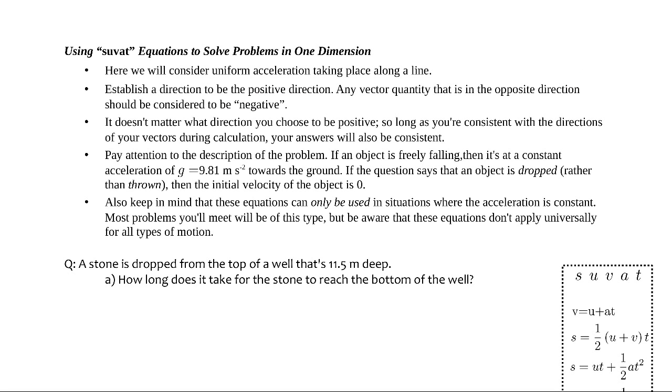It doesn't really matter what direction you choose to be the positive direction. There are conventions where you always use upwards to be positive and downwards to be negative, for example, and to the right to be positive and to the left to be negative, but you don't have to stick to that. It's perfectly fine if that makes your life easier, but be aware that it's not wrong to say, for example, that downwards is the positive direction.